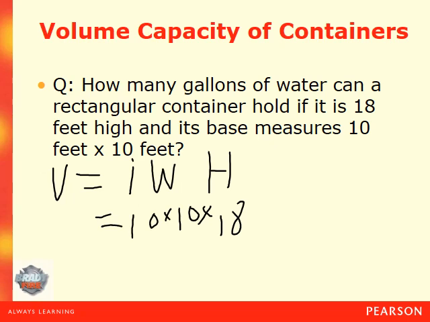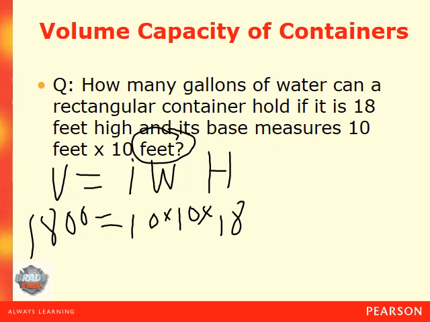So 10 times 10 times 18 equals a volume of 1800. And what is this going to be in? Cubic feet, because we multiplied and they gave us feet here. So our volume is 1800 cubic feet.